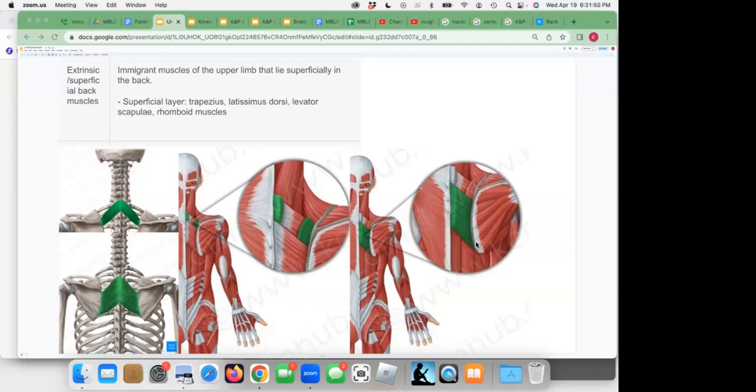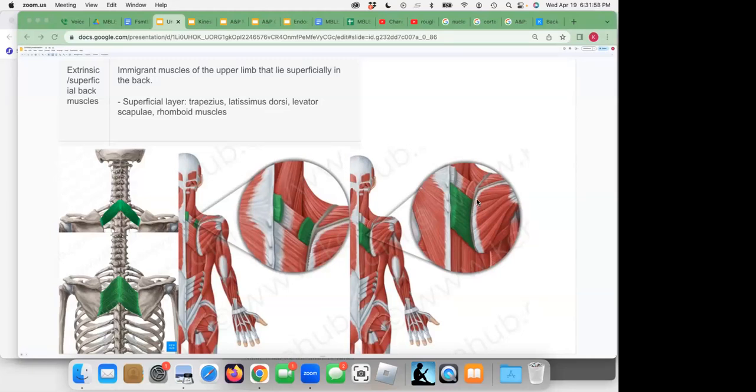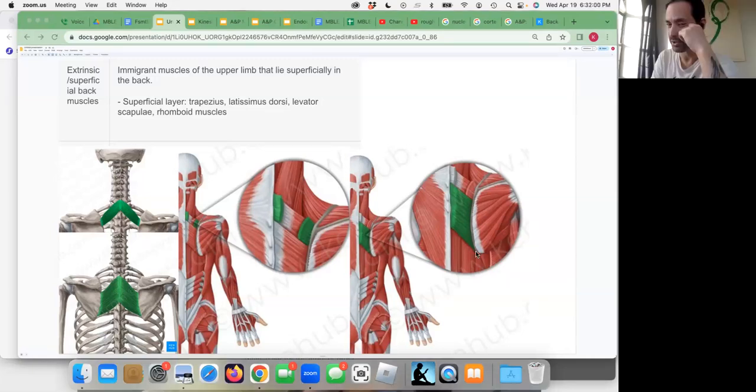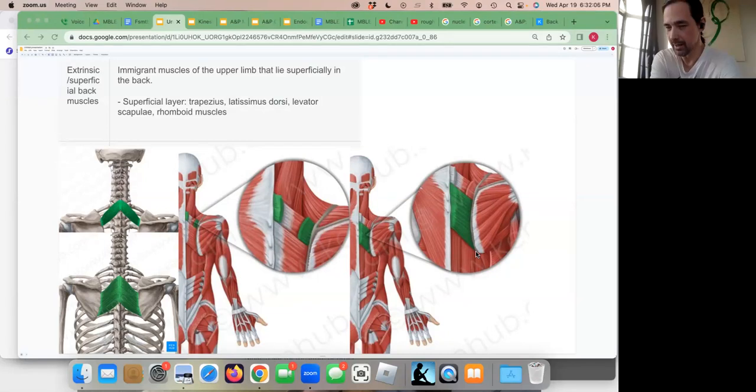So which is the insertion and which is the origin? The origin is the spine. And the insertion is the scapula. That's correct.